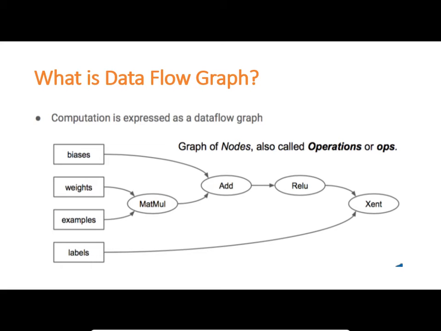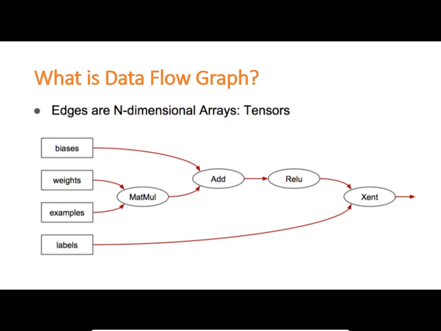We can also call them operations, and we can see here the weights, the input, and the biases, and the matrix multiplication, and the add, and these are the nodes and also the operations in this data flow graph. And the second component of the data flow graph is the edges, and this red line can be treated as the edges, and the edges are the n-dimensional arrays, and in other words, they are tensors.